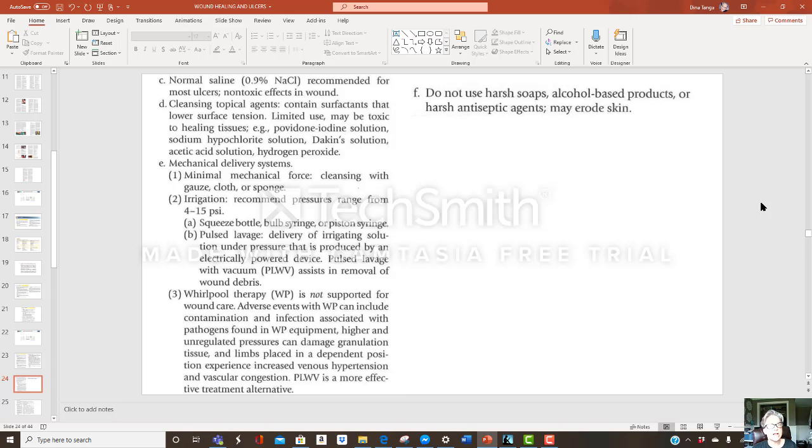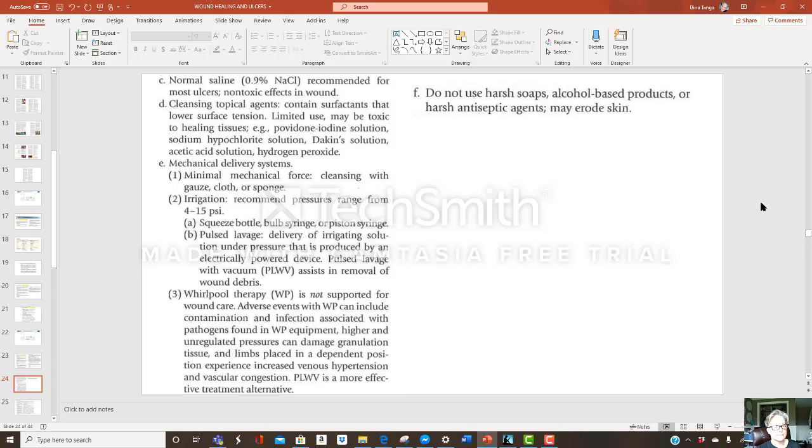Cleansing topical agents contain surfactants that lower surface tension. Limited use, may be toxic to healing tissues. For example, povidone iodine solution, sodium hypochlorite solution, Dakin solution, acetic acid solution, and hydrogen peroxide.